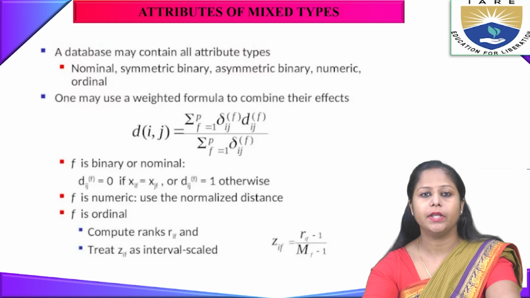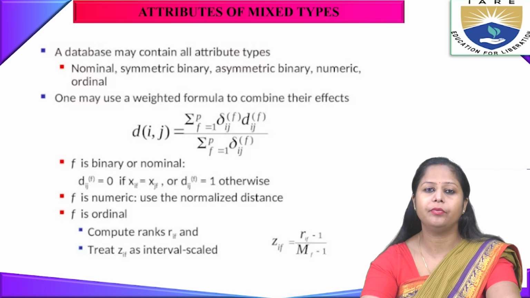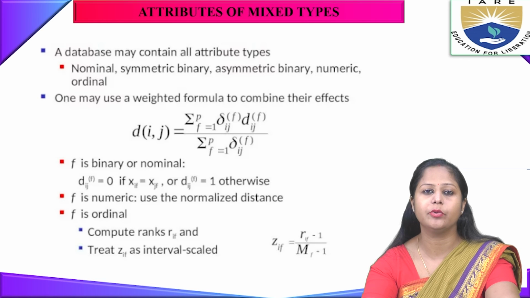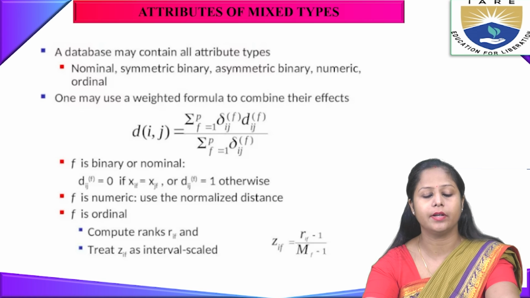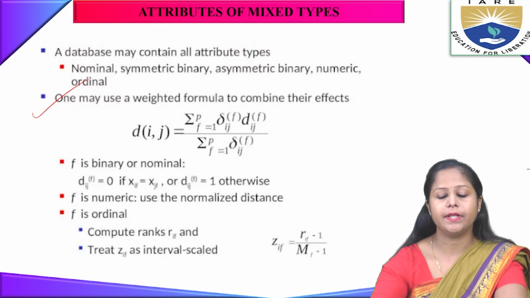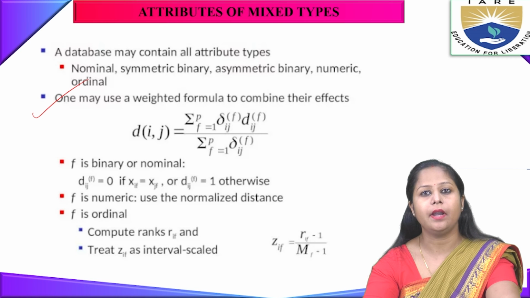Attributes of mixed type. If we are having some mixed type of attributes in a database, a database may contain all attribute types like nominal, symmetric binary, asymmetric binary, numeric, and ordinal. So one may use a weighted formula for their effect.